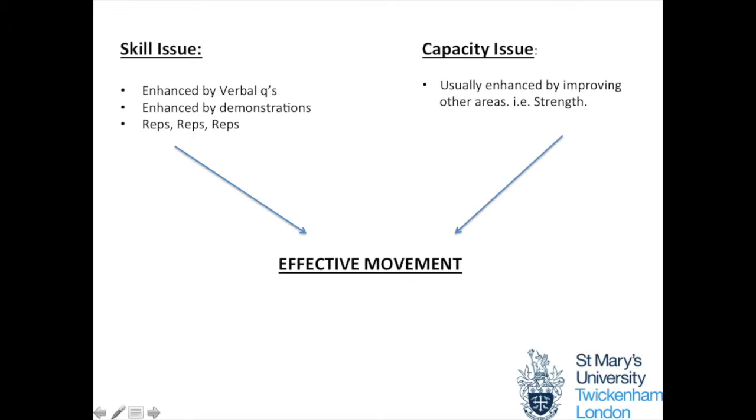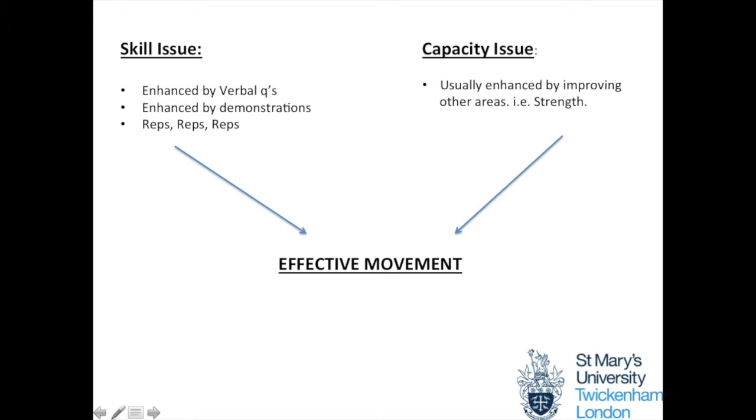Skill qualities can be enhanced relatively easily and straightforwardly by verbal cues, visual demonstrations, and just practice repetitions for the athlete to learn the motor control or coordination that is required of that task.